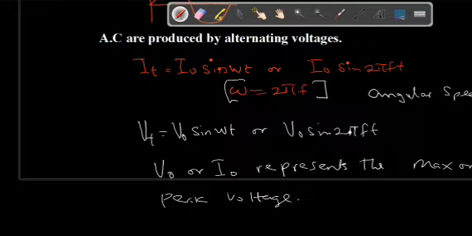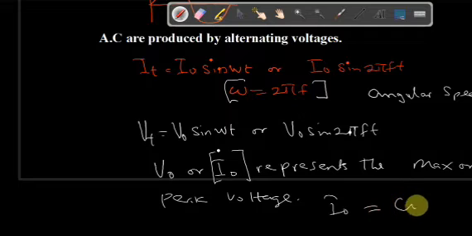I naught is the peak or maximum current. Basically they mean the same thing, just that one is for voltage and the other is for current.